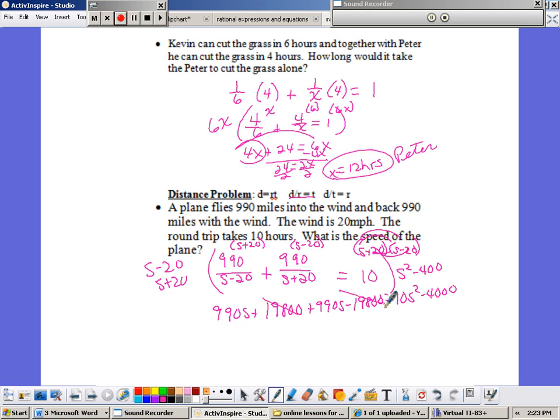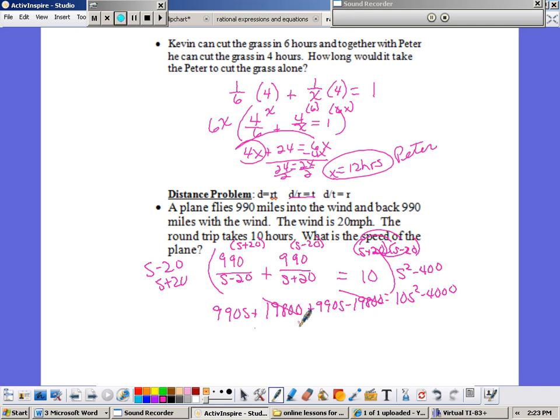So these two cancel out. This becomes 990 plus 990 is 1,980.